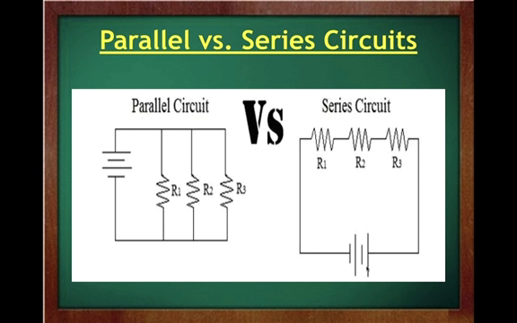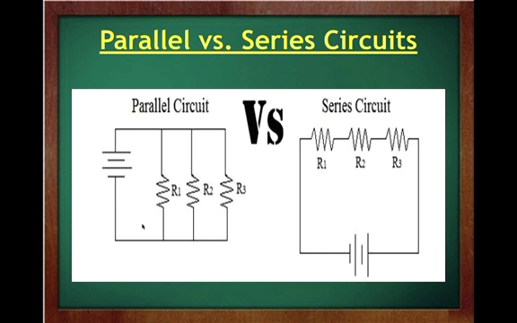If we look at our battery here, current would flow out through this positive terminal end, pass through resistor 3, 2, and 1, and then back this way. Notice how there's only one path in this case for the current to go. These resistors are considered in series with each other because they are all part of the same path that the current would flow through.